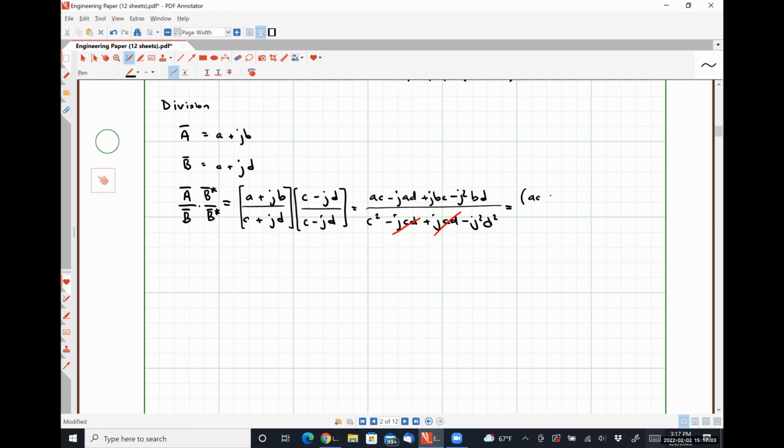So minus j squared is minus negative 1, or positive bd, plus j times bc minus ad, and then this whole thing is over c squared plus d squared.